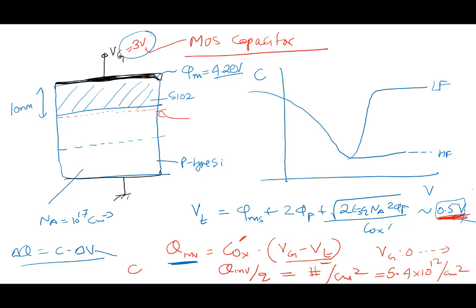So again, the issue is, let's try and understand a MOS capacitor a little bit more in detail. So let's say you put this here and put this here, right? And here is where I apply 0 to 3.